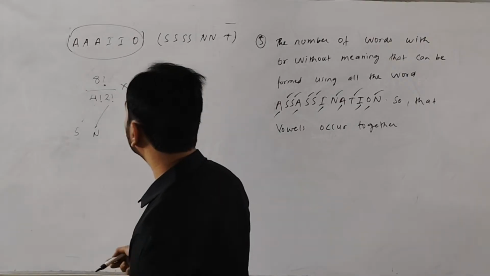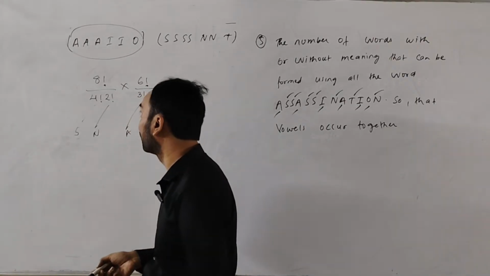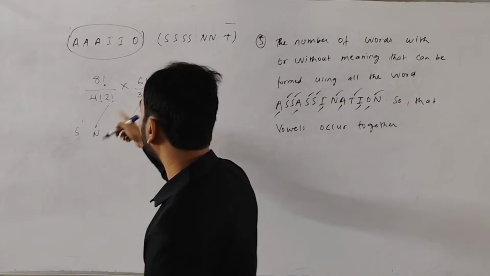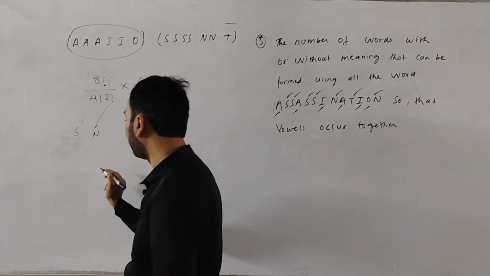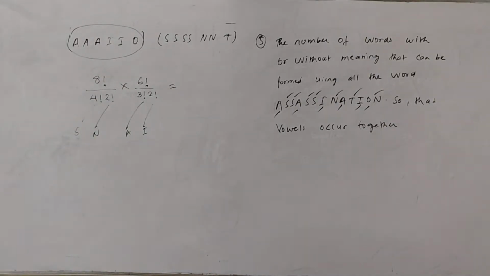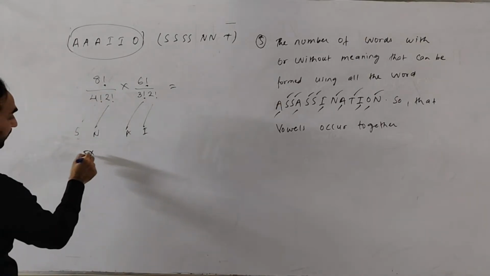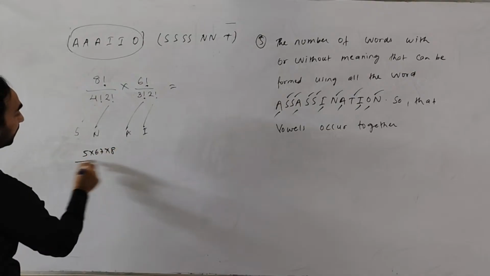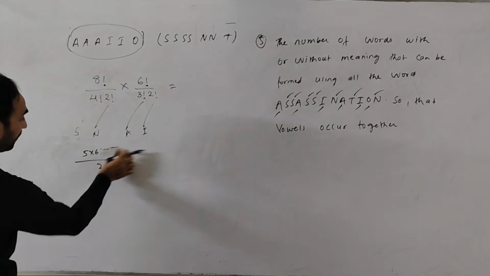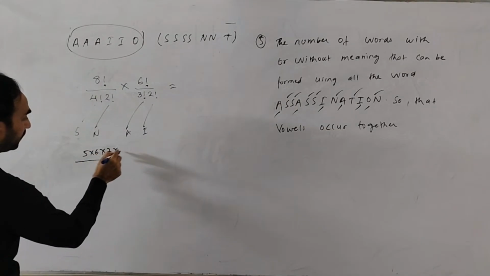Now calculate it and see what answer comes. 8 factorial, this can be cancelled. Let me do the calculation part. If I cancel this, it will become 5 into 6 into 7 into 8, and here it is 2. Calculate along with me.